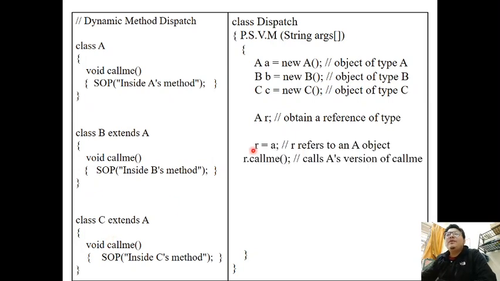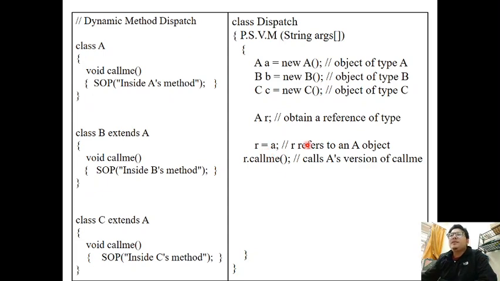Now when this statement gets executed, it gets executed only at runtime. So what R will hold is decided only during the runtime of the program, while executing it, because the initialization statement gets executed during execution time only.